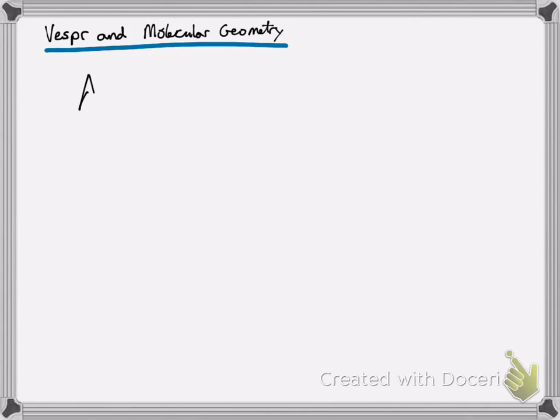Let me zoom in here. A is going to stand for the central atom, while X is going to stand for the bonded atom, and then E is going to stand for the electron domain.